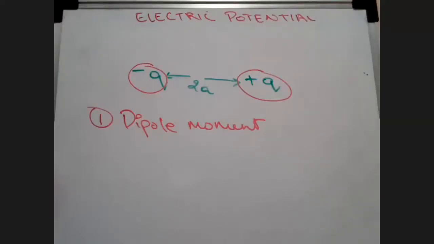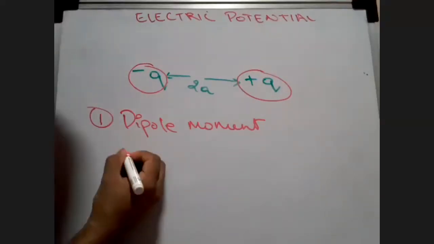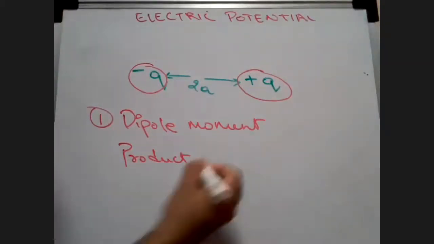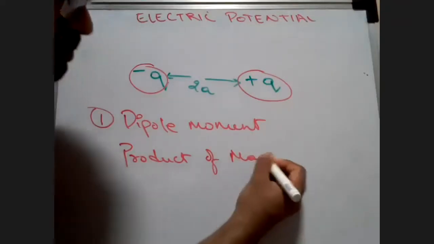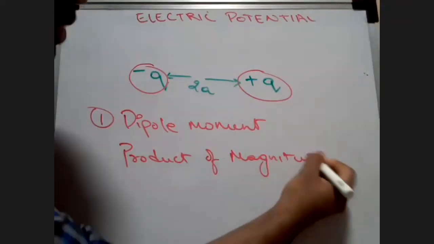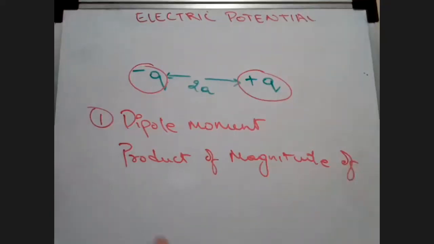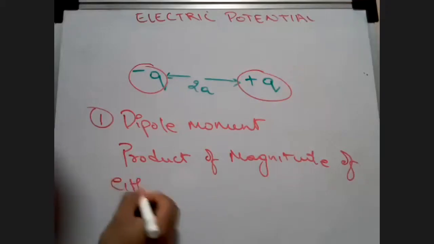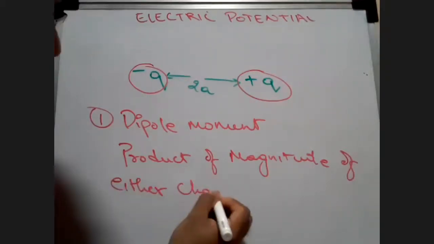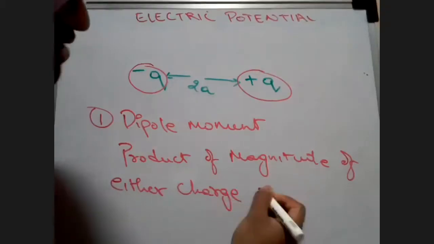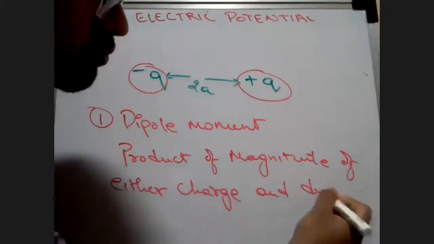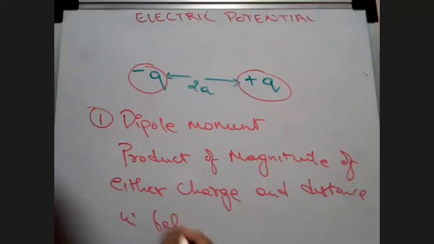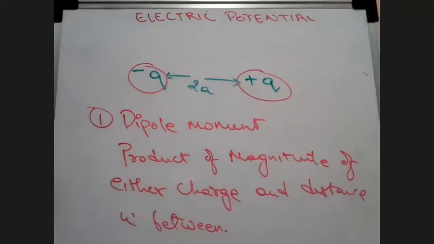Dipole moment is defined as the product of the magnitude of either of the charges and the distance between them.